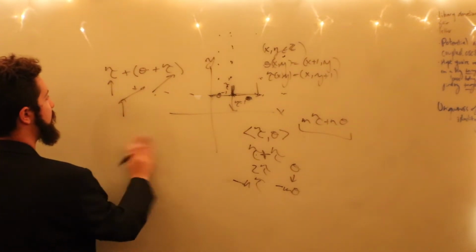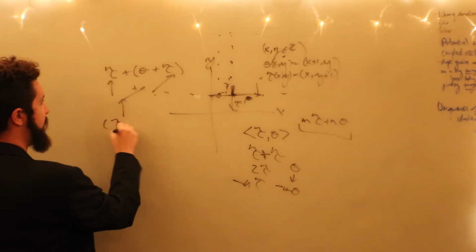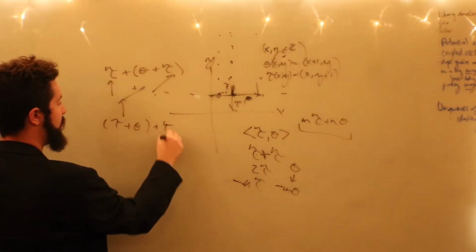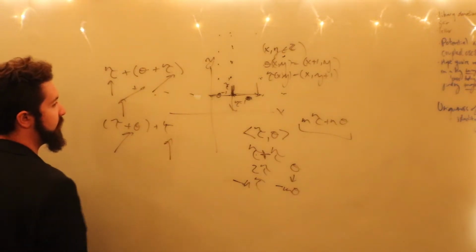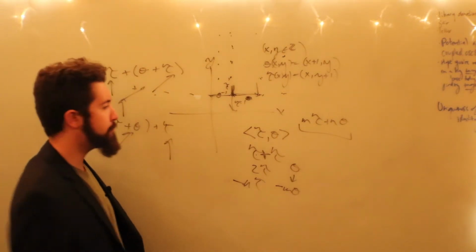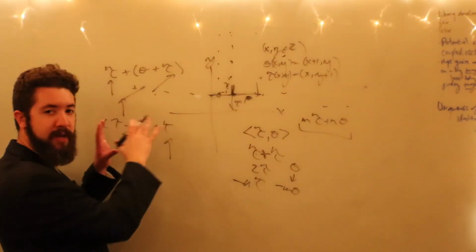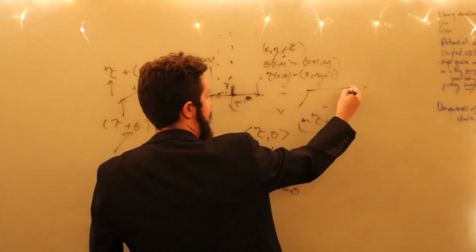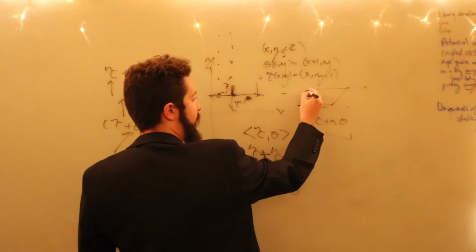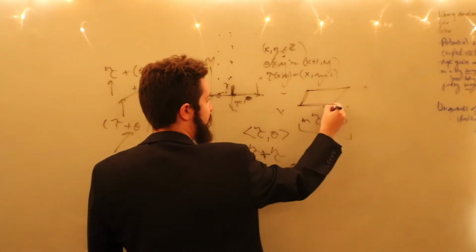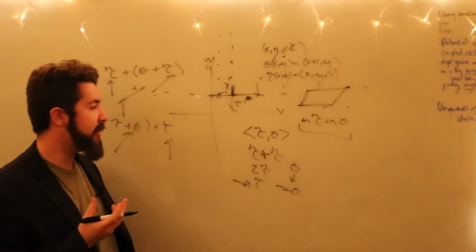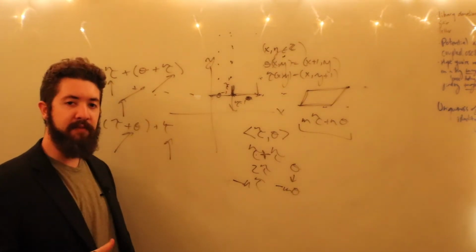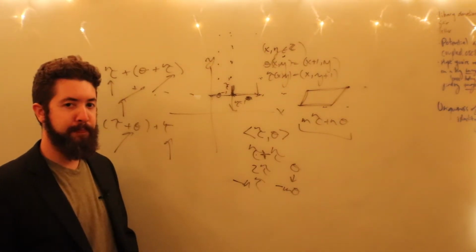All this is saying is that it forms a parallelogram. It doesn't matter if we go this way and then this way, or this way and then this way, we're going to end at the same point. And that is the geometric visualization of the associative property here.